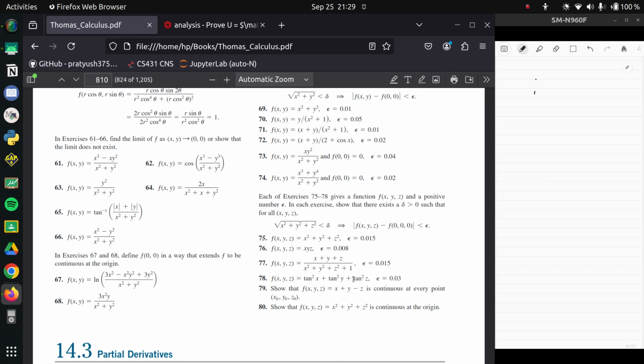That means that tan square x plus tan square y plus tan square z being less than epsilon will happen if x square plus y square plus z square is less than epsilon, because the magnitude of tan x is less than the magnitude of x. That's the proper thing to say. Okay, so that's bijective with, yeah, cool. Next.